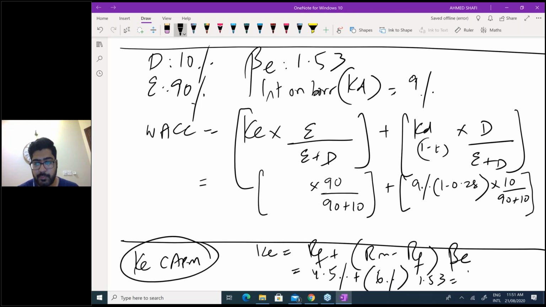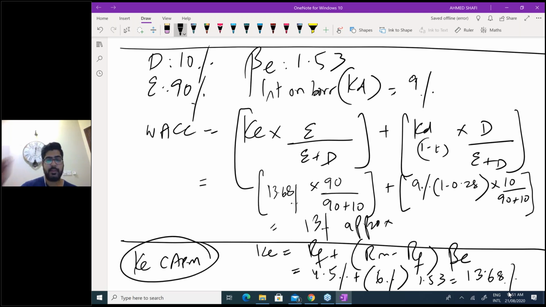KE becomes 13.68%, and we put this here to get Fodder's WACC. Approx 13%. Okay, this will be used as the discount rate. You can copy the screen for WACC so that I can move towards the remaining portion of the question. And if you have any questions with WACC, you can ask.